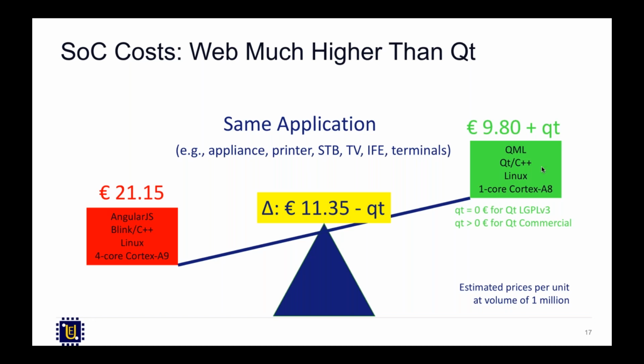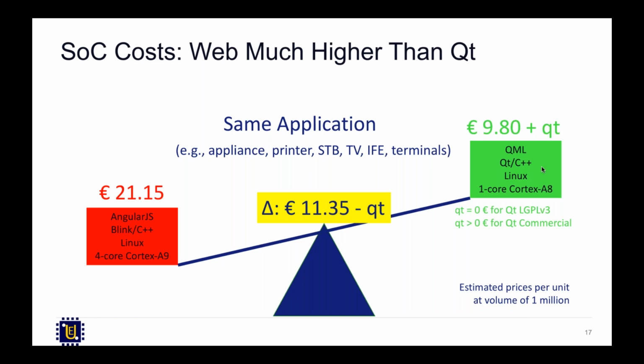And then the difference, you see, is something like 11 euros minus the Qt license fees per unit. The thing I can tell you is that the Qt license fees are a fraction of the 11 euros there. If you want to know the exact amount for the Qt license fees, you have to talk to the salespeople from the Qt company.